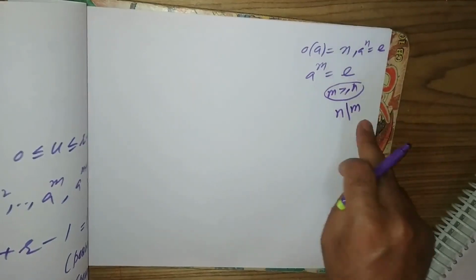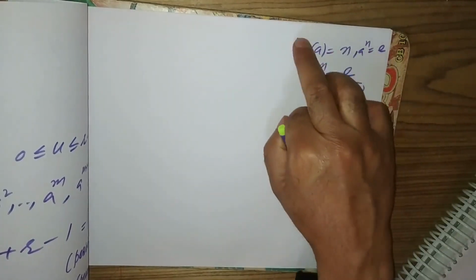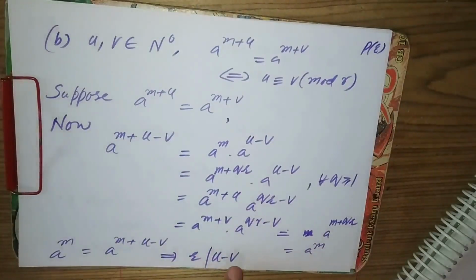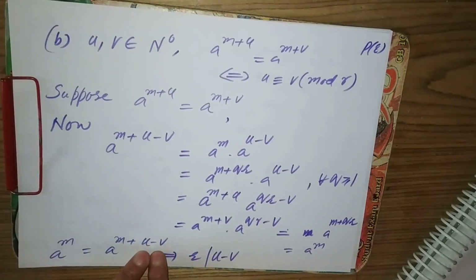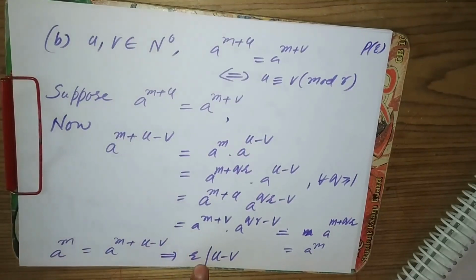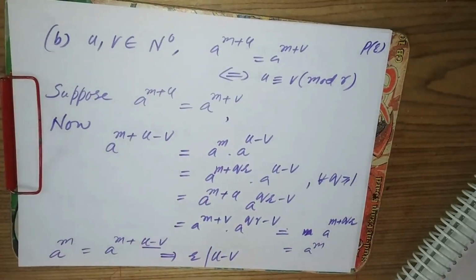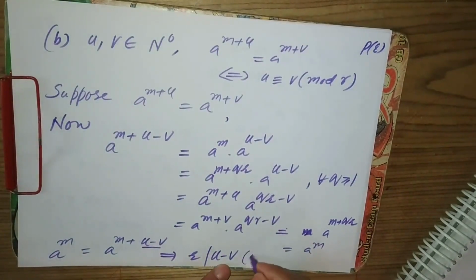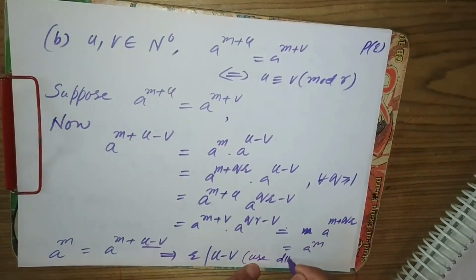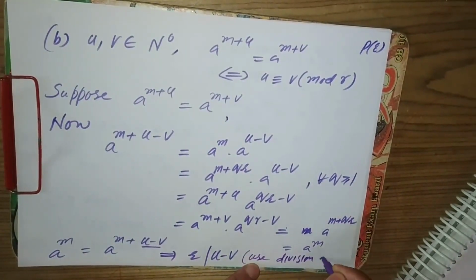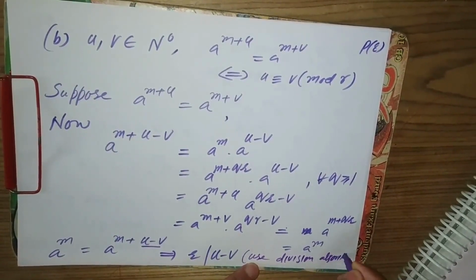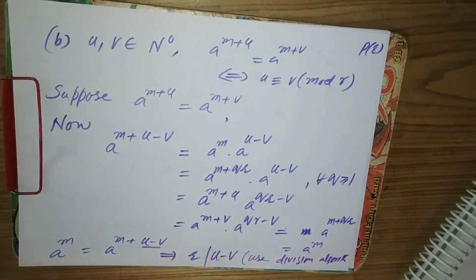This least one divides m. So this follows from the division algorithm, and same is the case here. Since r is the least positive integer such that A power m is equal to A power m plus r, then we can easily verify that this least positive integer having this property divides u minus v, by the division algorithm.